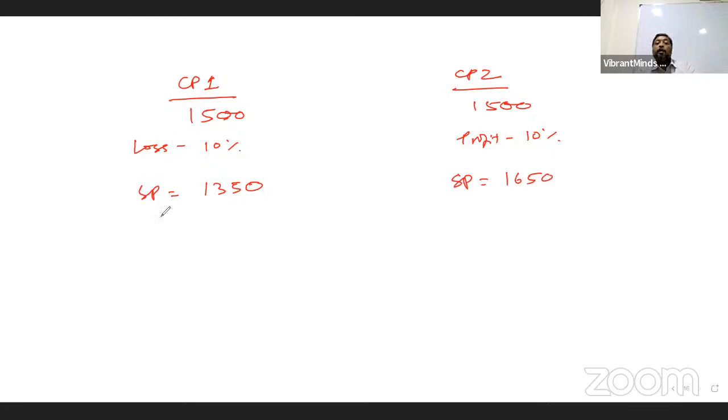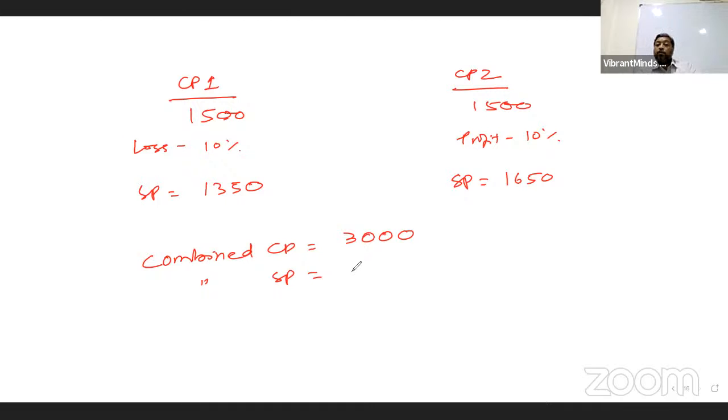Now, what is the combined cost price? Combined cost price is 3000. And combined selling prices, understand, 1350 plus 1650: 1000, 1000, 2000, 300, 600, 900, 50 plus 50, 100.